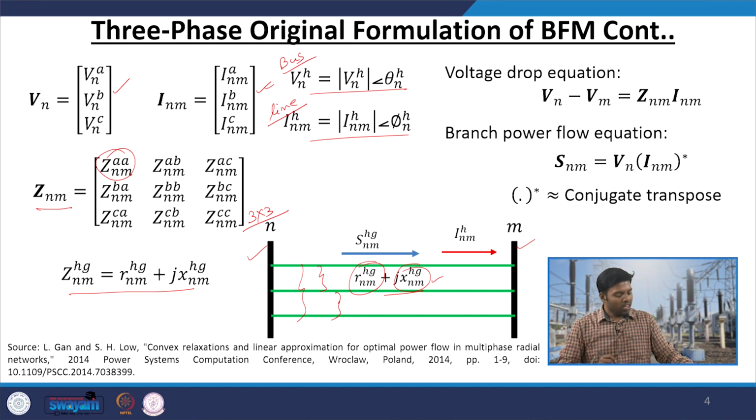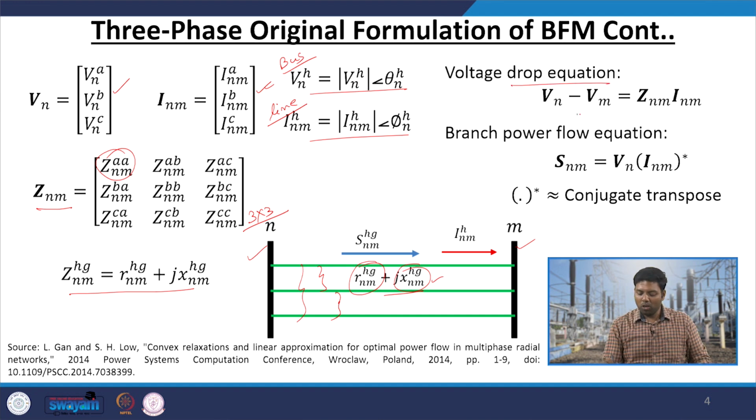In the BIM model, we started our analysis with the KCL equation, but for the BFM model we will start with the KVL equation. So, the bus voltage Vn is equal to this drop plus your receiving end voltage. If you take the receiving end voltage to the left hand side, then Vn minus Vm equals Znm into Inm.